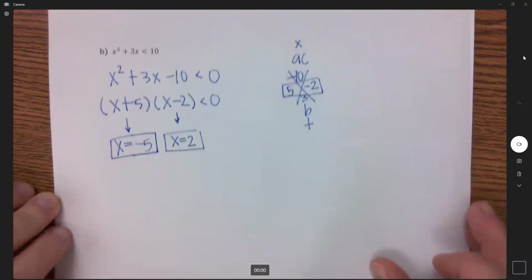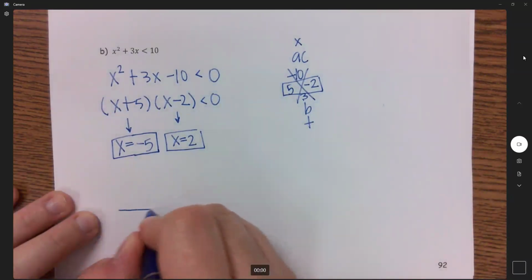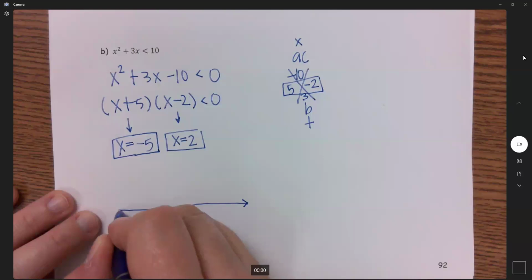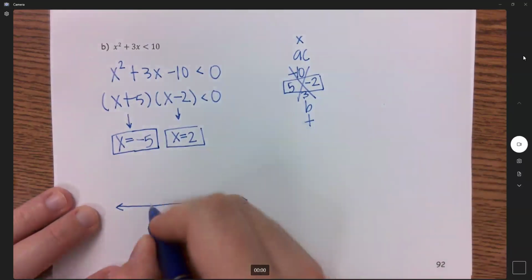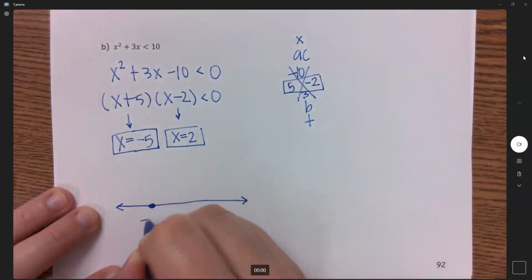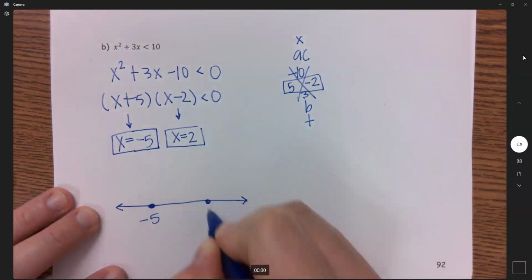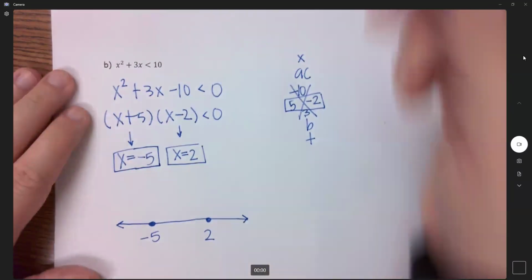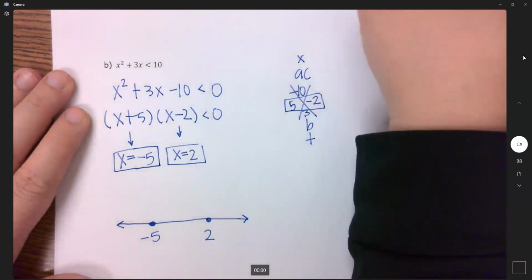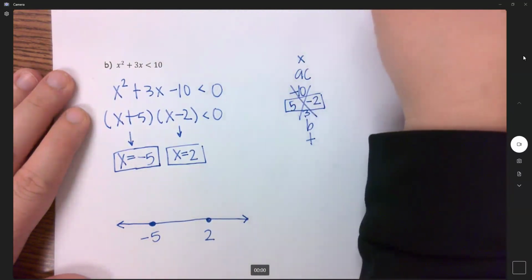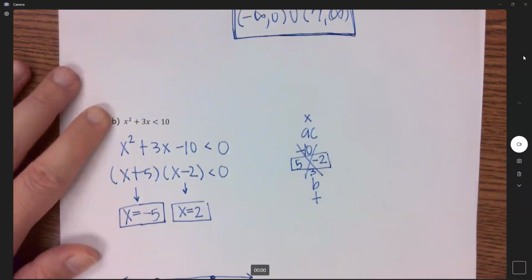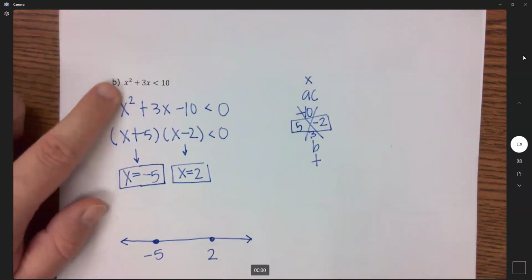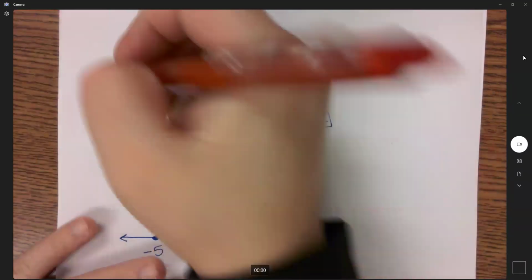So I make a rough sketch of this graph. I don't care about the y. We have an x-intercept at negative 5 and an x-intercept at 2. So let's make a rough sketch. We again know this is a parabola because of x squared.